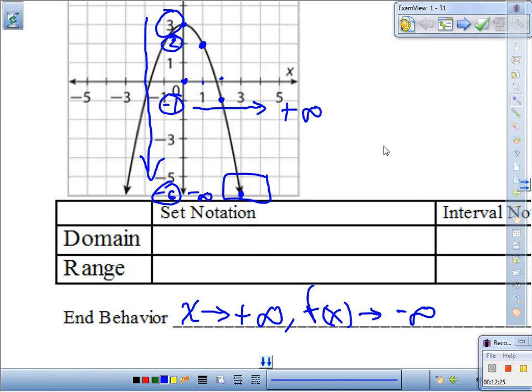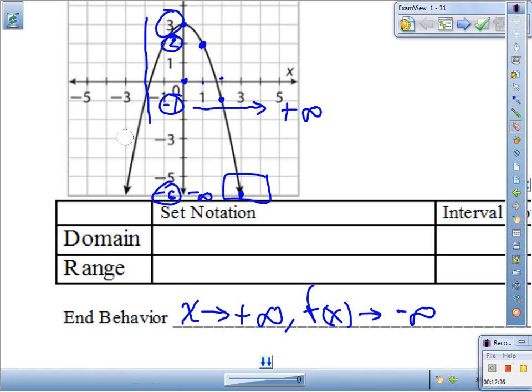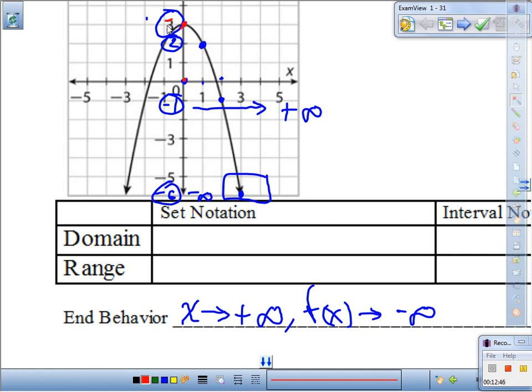Let's look at this side now. I'm going to look at the other side. Here we go. From the center to the left. Let's see. 0, 3. Okay, so it's right there. 0, 3. Negative 1. And what is this value for y? 2. Okay. Negative 2 of x, what is the y value? Negative 1. Okay.